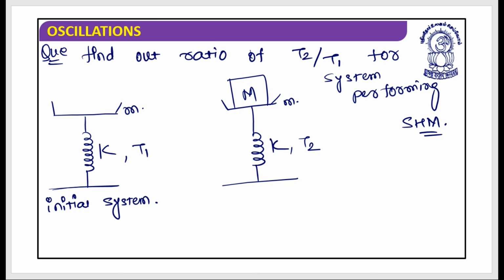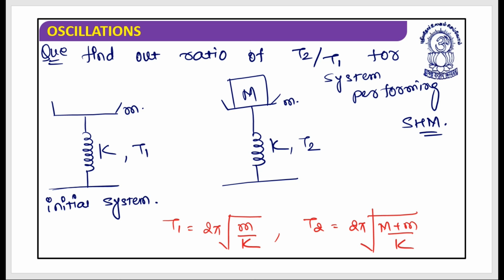So how will we do this? It is as simple as that. This is t1, which equals 2 pi root of m by k, and this is t2, it is simply 2 pi root of m plus m divided by k. It is as simple as that. So you can do this easily, t2 by t1.